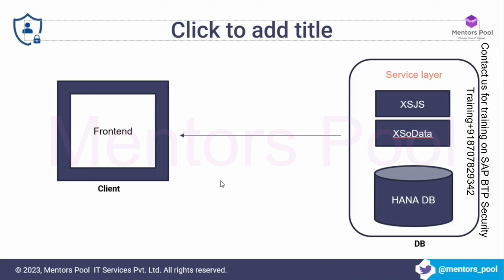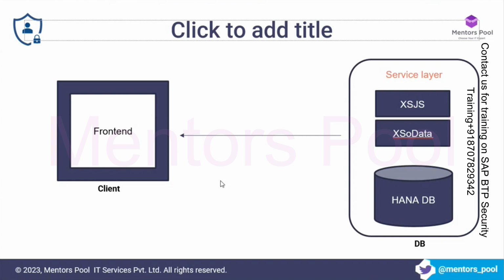One very easy thing to do here is that you go to your HANA DB, you create some XSJS or XS OData, you expose some OData directly from your HANA DB, and that OData you can directly use from your front end, which is very easy. As a developer, the first time I did it in 2016, I found it very easy. No need of any service layer, no need of any Java logic or Python logic.